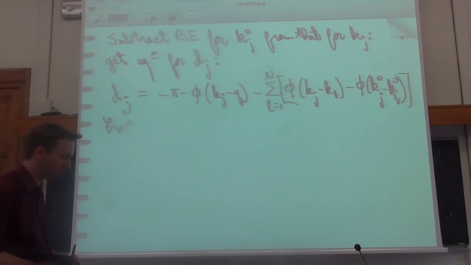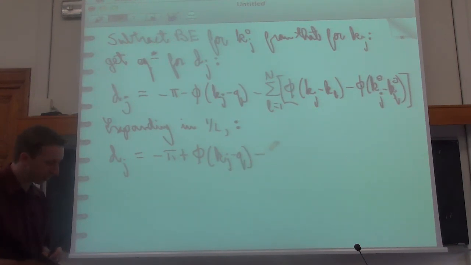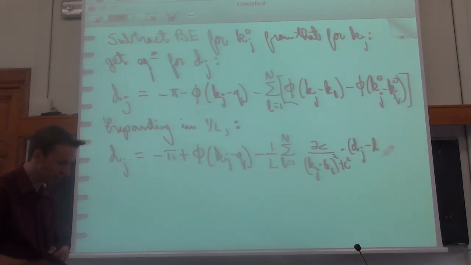Essentially dj is equal to minus pi plus phi of kj minus q, minus 1 over L times the summation over l from 1 to N of the derivative of phi, which is essentially our kernel, 2c divided by kj minus kl squared plus c squared, times dj minus dl, plus order 1 over L squared.